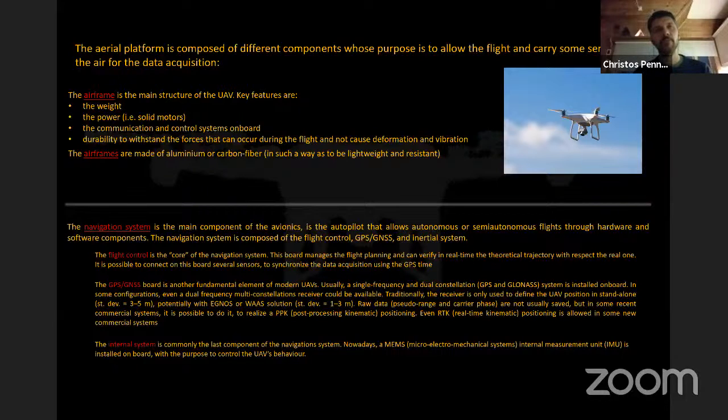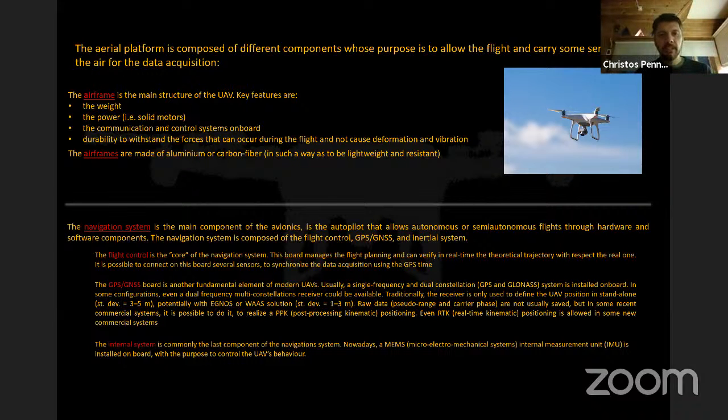On many occasions when one is flying a drone, the autopilot kicks in, even when we are thinking that we have full control of the drone. The autopilot is doing most of the job of flying the drone. It is keeping the drone at the altitude that we want without us giving more power to the rotors, etc. So the autopilot is always there helping the control of the drone.